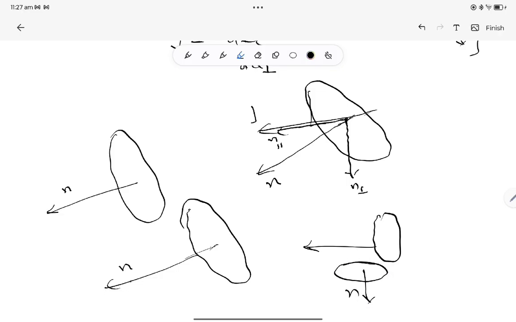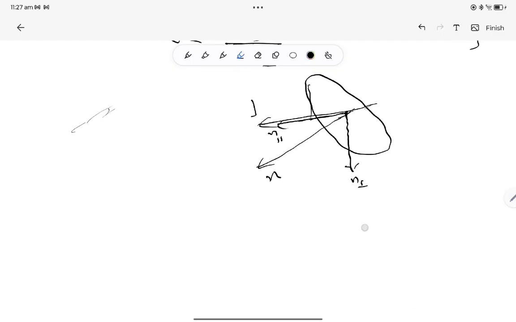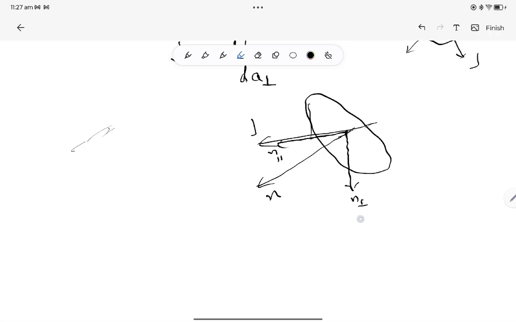So what we do here is that we will resolve our area element into two elements. One is this. Now I will show those two. One horizontal, that means this will be one component of this.